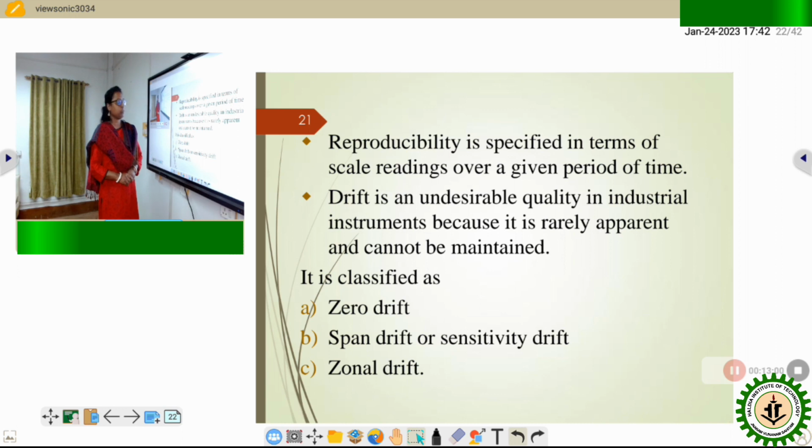We have reproducibility. It is specified in terms of scale reading over a given period of time, whereas drift is known as an undesirable quantity in industrial instruments because it is rarely apparent and cannot be maintained. This drift is also classified as zero drift, span drift or sensitivity drift, and also zonal drift.